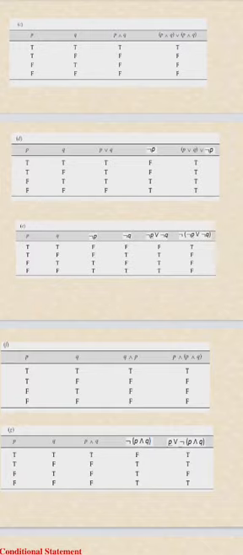Next example E, the statement is negation of negation P or negation Q. First find the value of negation P, next negation Q, then negation P or negation Q, then the final value is negation of negation P or negation Q.